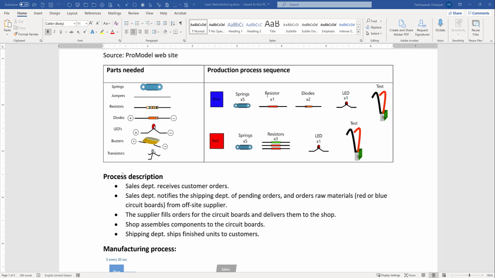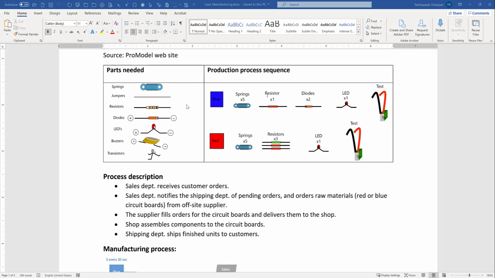sales side, where we have orders for these two circuit boards that come from our customers to the sales department. And when the orders come in, they enter the order in the system, and then they order the raw materials for them, and then the circuit boards, the packet.